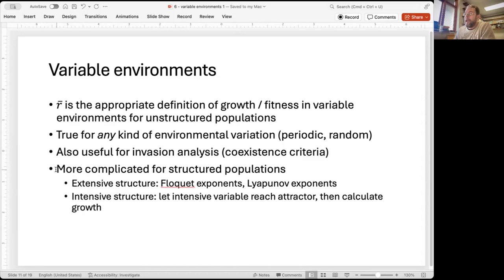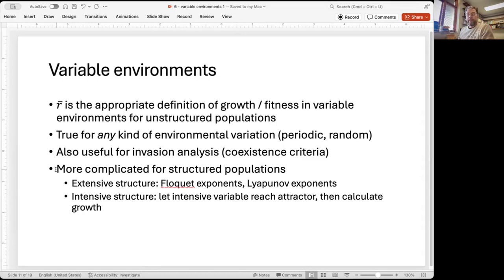And just a caveat, it's a little bit more complicated if we're talking about structured populations. So what I showed you was true for an unstructured population, that is, a population that's just defined by a single number. For structured populations, it's more complicated.